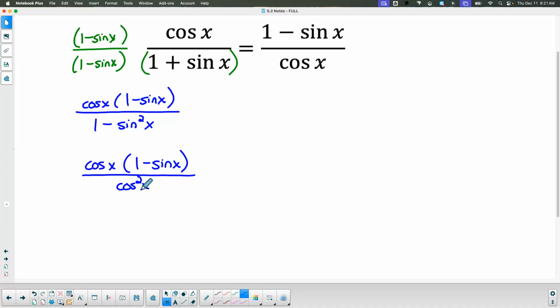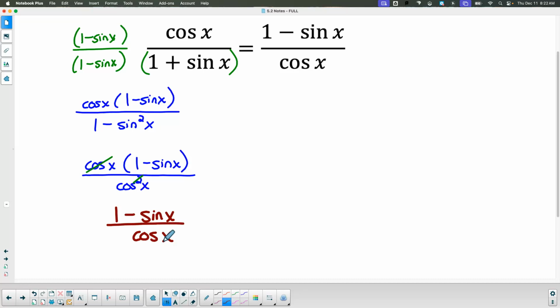One of the cosines at the top cancels out one of the cosines in the bottom, leaving me with 1 minus sine of x over cosine of x, if I did that side.